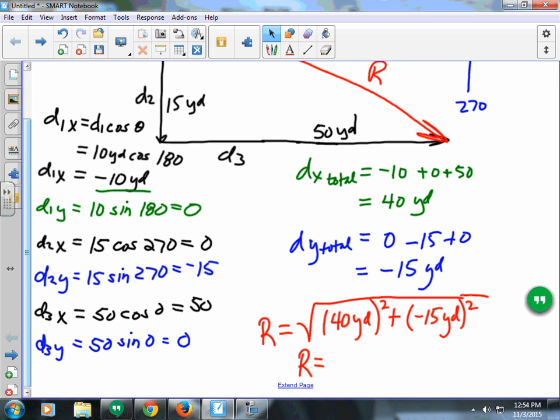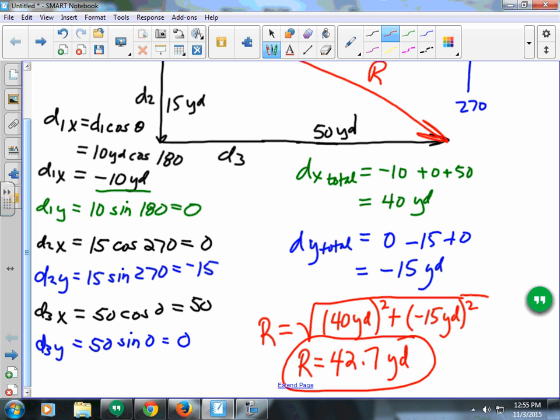I was asked for magnitude, but I'm just going to do it anyway, just to get an idea. So what's this come up to be? 42.7. How many sig figs? This problem only asks for magnitude, so that's as far as you have to go.